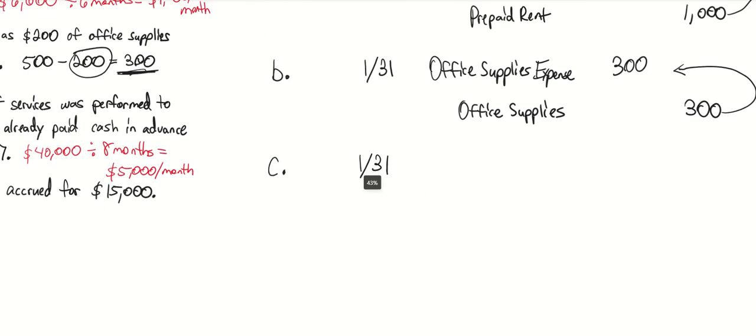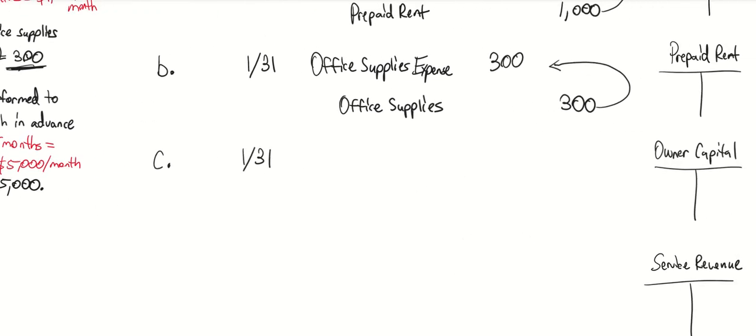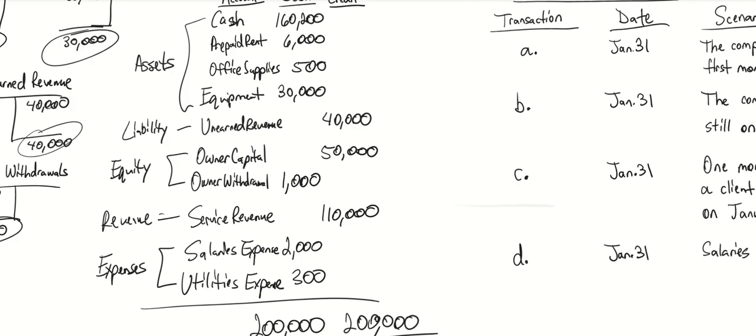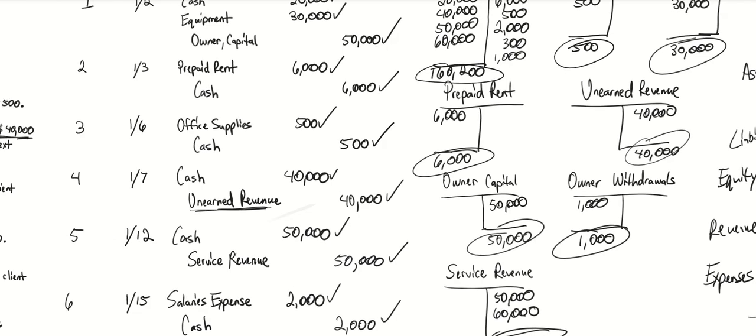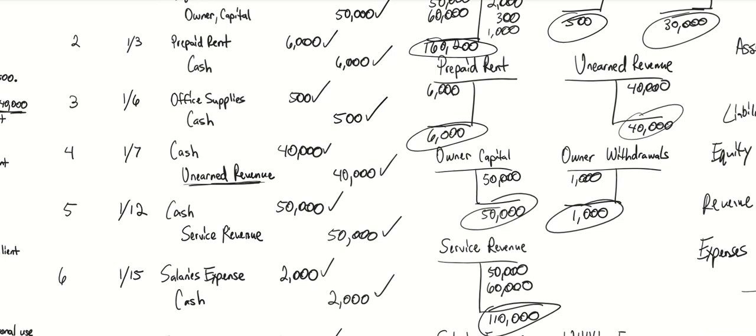So this $5,000 is going to be first debited to the unearned revenue account. Okay, why is that? If we go back over here, if it would have let me, there we go. We credited unearned revenue for $40,000 to reflect that there's a liability on the account of the company for the cash that was received in advance.